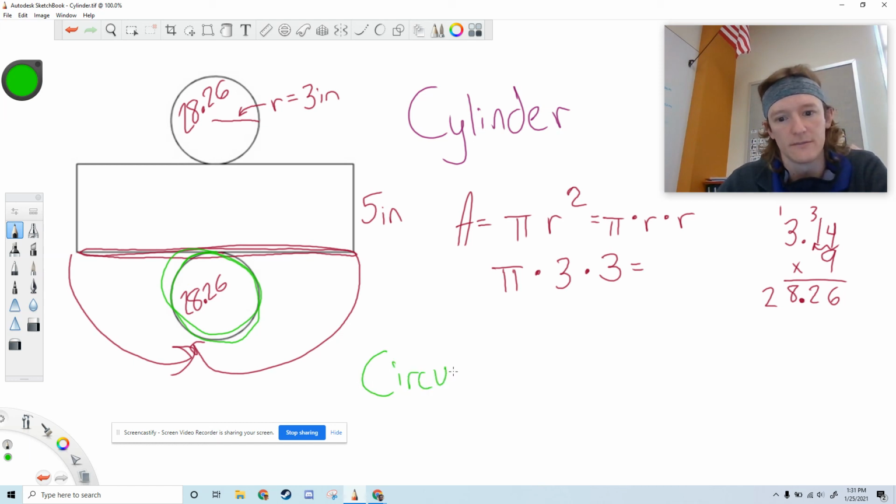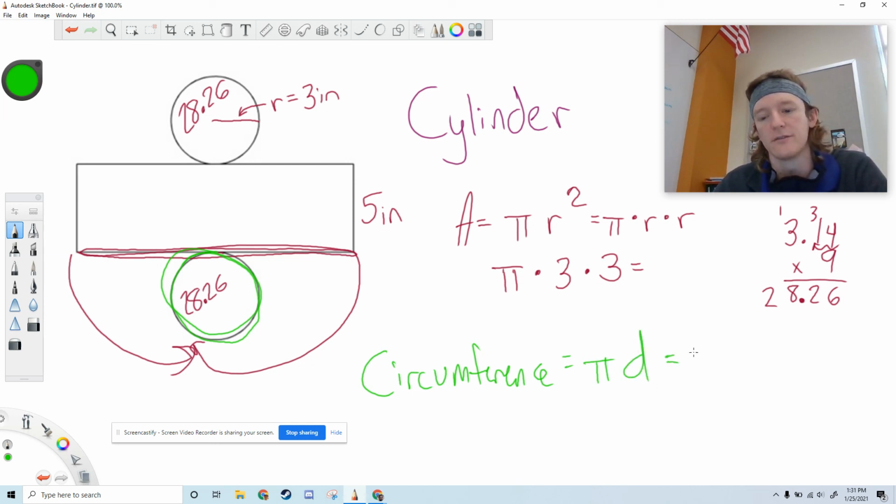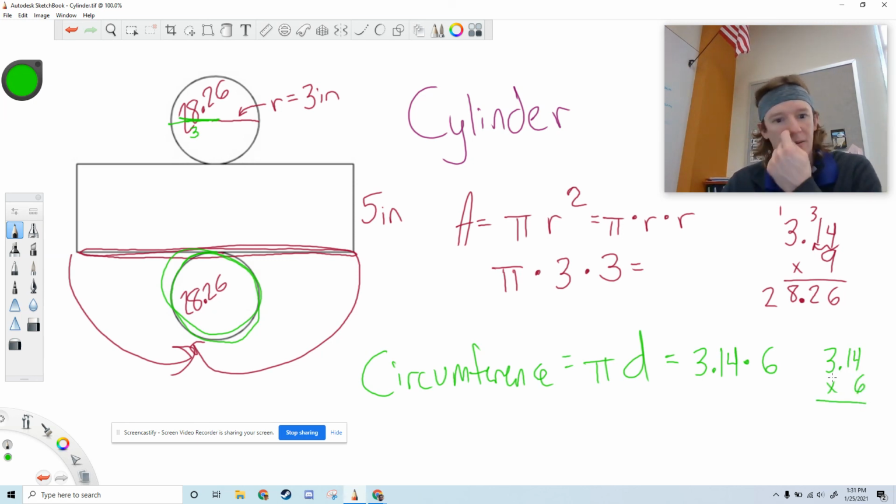Circumference is pi times diameter. So 3.14 times the diameter, which is all the way across. If the radius is 3, we need to add another 3, so that'll be times 6.